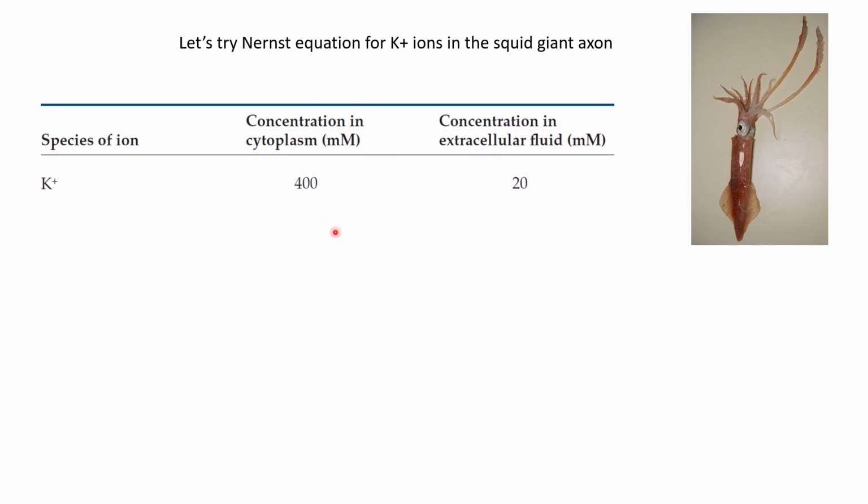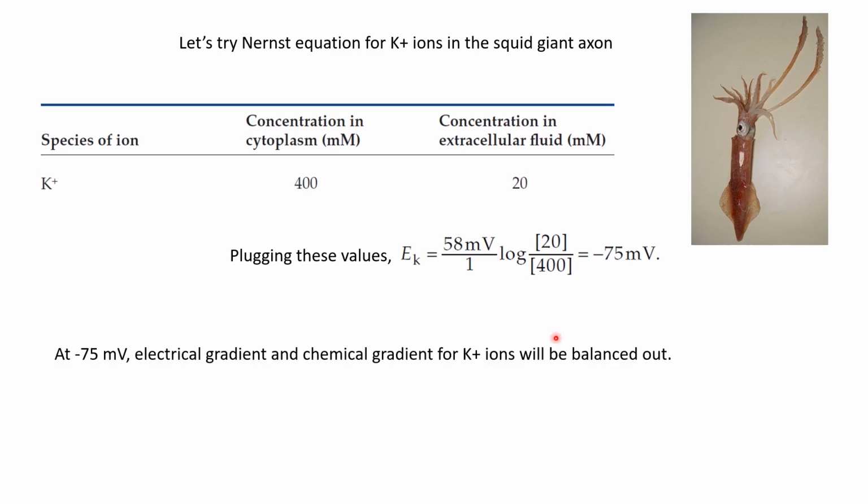And we just need to know the ratio of these two values. So if we plug that into this formula, 58 millivolts over Z, Z is +1 for potassium, log concentration outside over concentration inside. And this turns out to be -75 millivolts. So the equilibrium potential for potassium ions in the squid giant axon at room temperature is -75 millivolts.